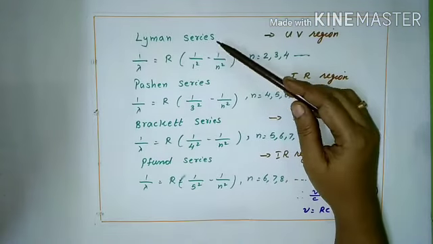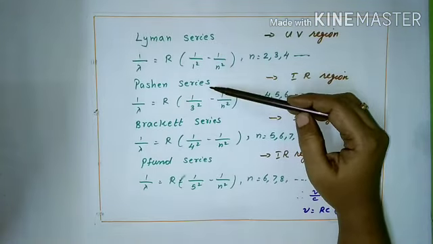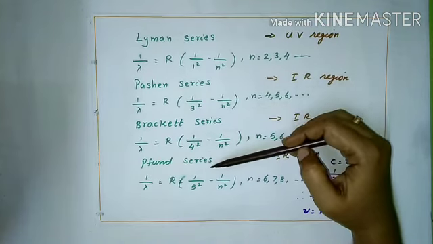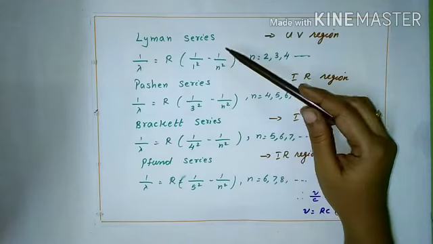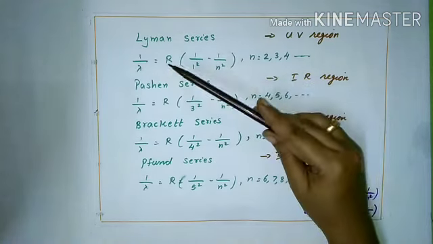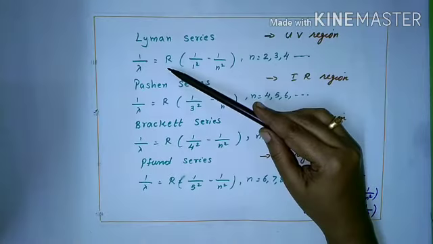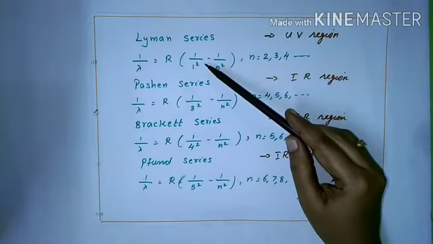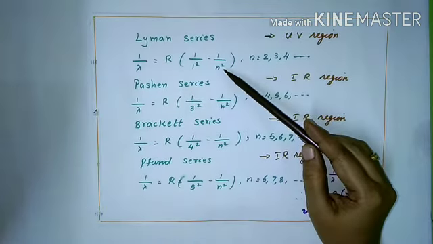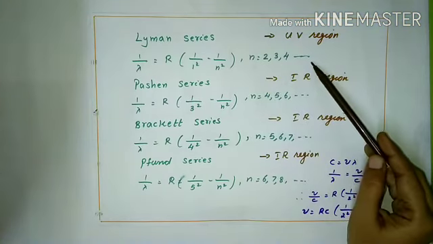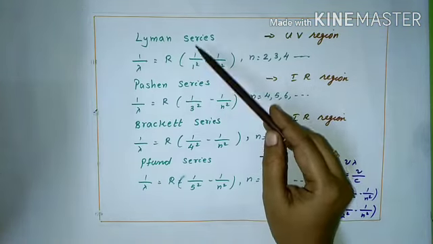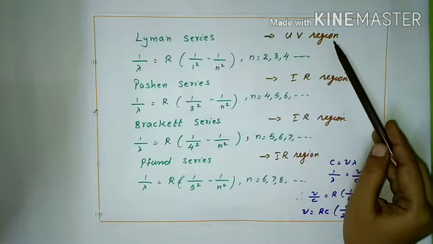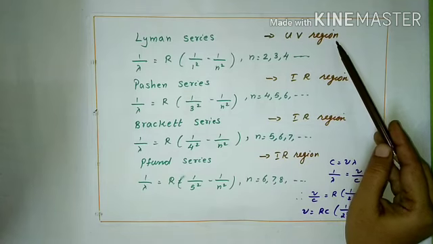Similarly, the first series is the Lyman series, the third series is the Paschen series, the fourth series is the Brackett series, and the fifth series is the Pfund series. For the Lyman series, the formula to calculate the wavelength of spectral lines is 1 by lambda equal to R into (1 by 1 squared minus 1 by n squared), where n equals 2, 3, 4, etc. The 1 represents that the Lyman series is the first series, and it lies in the ultraviolet region of the emission spectrum.